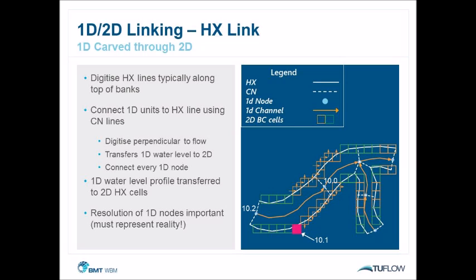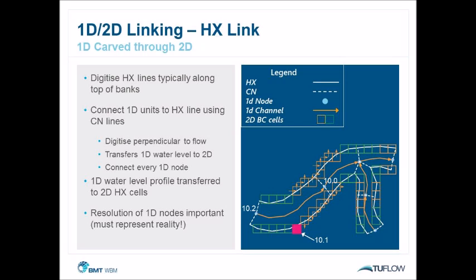You need to connect your HX lines to your 1D nodes using the CN lines, but rather than have two CN lines from the one node going to the HX line, like in the previous slide, you have one CN line coming onto the HX line and then another CN line further downstream connecting in.